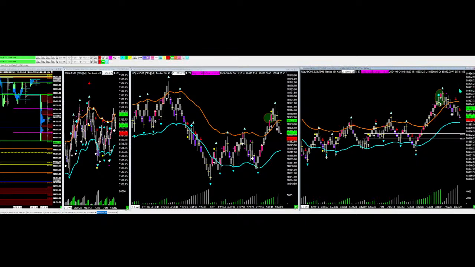So I want to show y'all something that is important, right? So number one, when we start moving in really wide ranges, the single prints become very, very important to finding reversal locations. Okay, very important. So I have them marked off so you can see where they are.